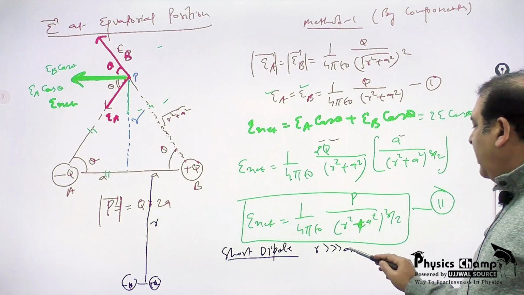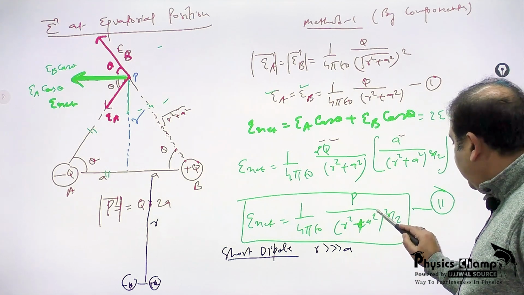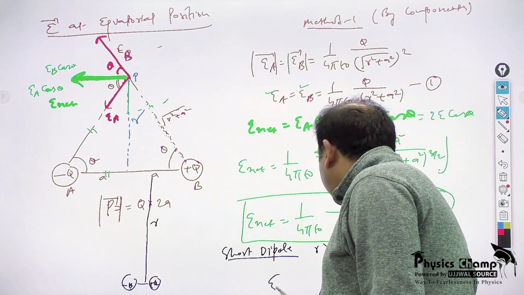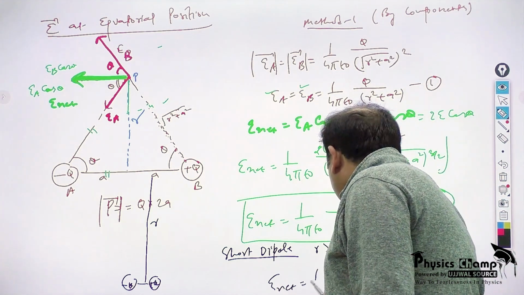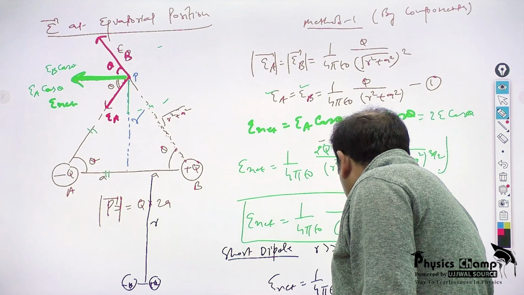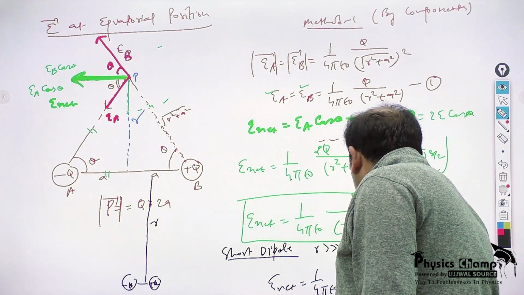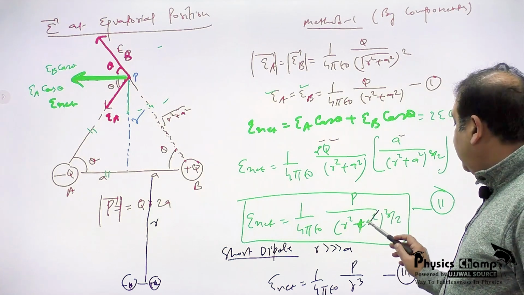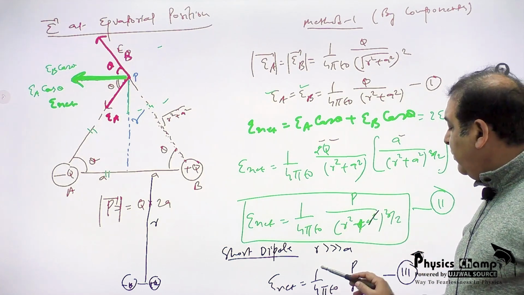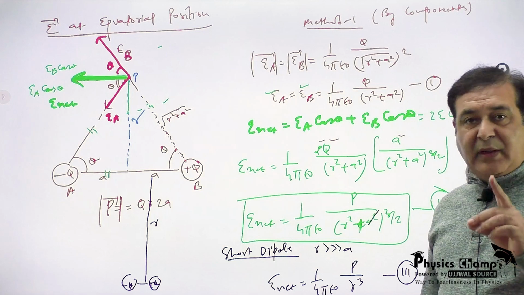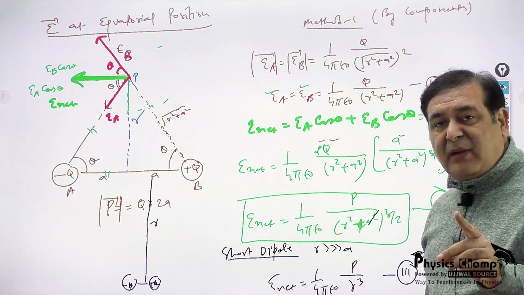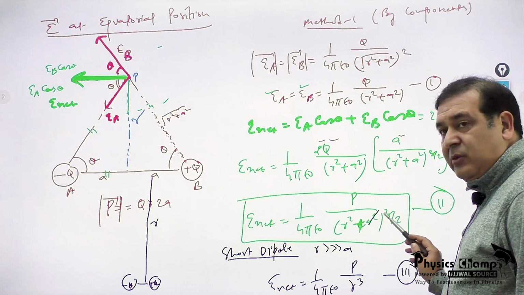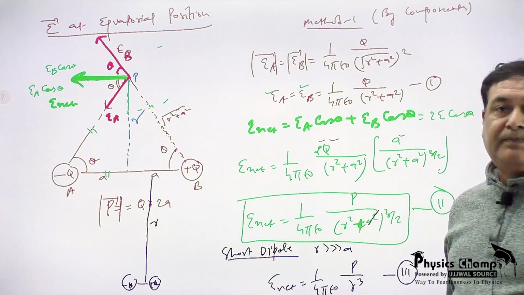So in case of a short dipole, where r is very large as compared to a, this a square is negligible as compared to r square, and the net electric field will become 1 by 4 pi epsilon naught p by r cube. So either it is 1 by 4 pi epsilon naught p by r square plus a square to the power 3 by 2, or it is 1 by 4 pi epsilon naught p by r cube. In the earlier case, I am making you recall, this was 2p by r square minus a square whole square, or it was 2p by r cube.